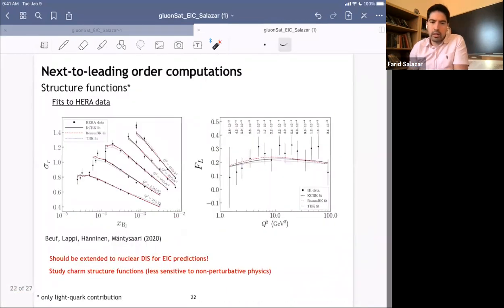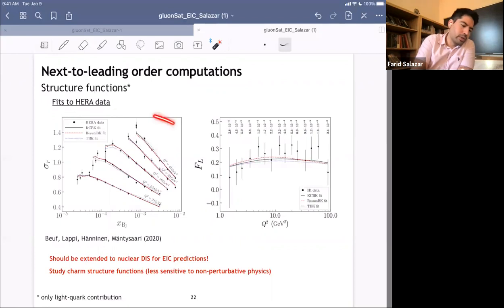Now let me go on in the next minutes to discuss the status of next-to-leading order computations. So the structure functions have been evaluated. In fact, there are fits to HERA data at NLO and next-to-leading log BK evolution.